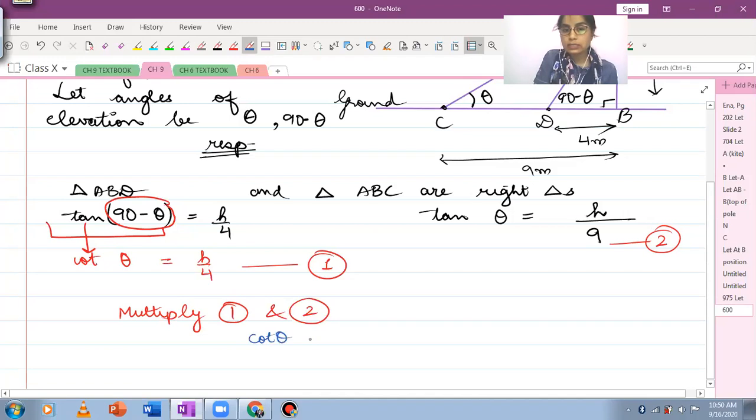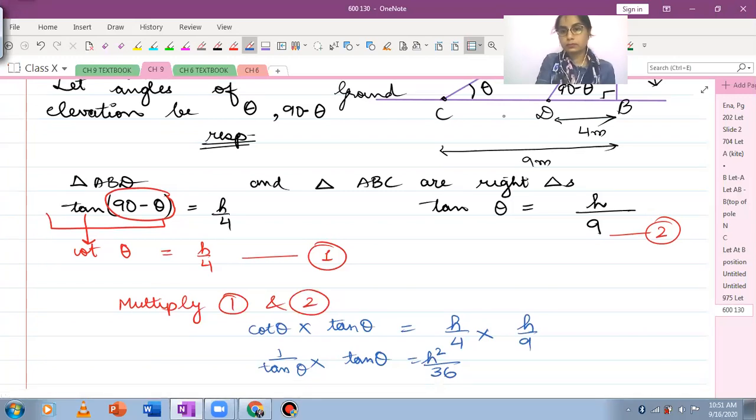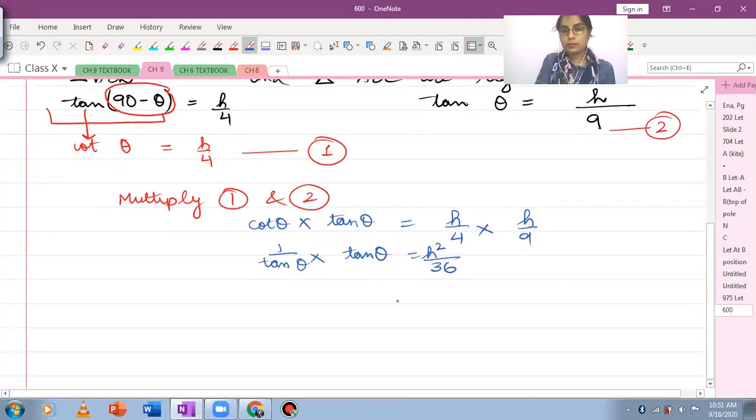So cot theta multiplied by tan theta on the left hand side. On the right hand side, I will have h by 4 multiplied by h by 9. Right hand side gives you h square over 36. So left hand side is 1, you get h square by 36 equals 1.